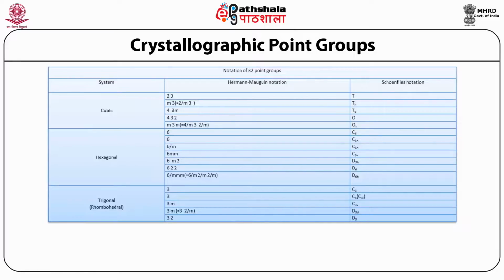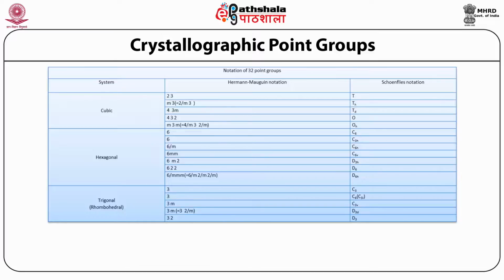Then 6 bar m2 corresponding to it, Schoenflies notation is capital D with a subscript 3h. Then 622, the Schoenflies notation is capital D with a subscript 6. Then 6 by mmm in HM notation corresponding to it, Schoenflies notation is capital D with a subscript 6h. Then we come to the last one, that is the trigonal system or the rhombohedral system.